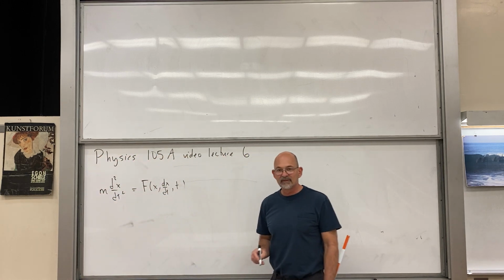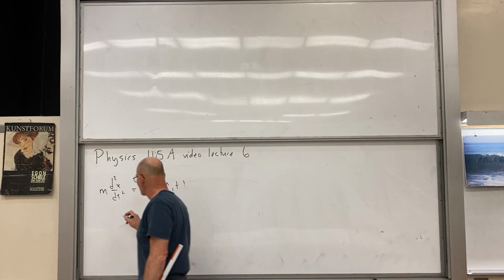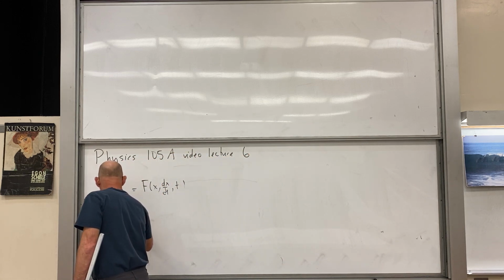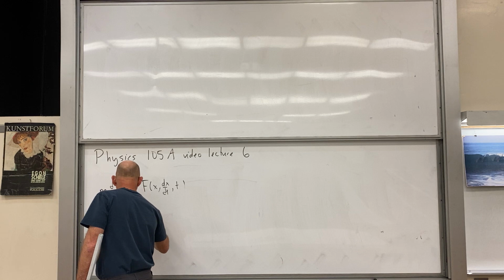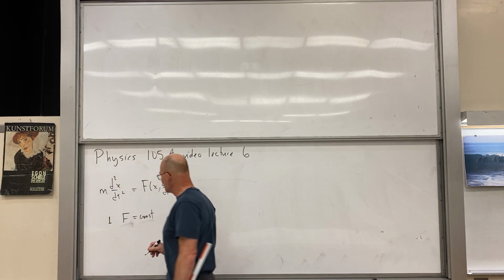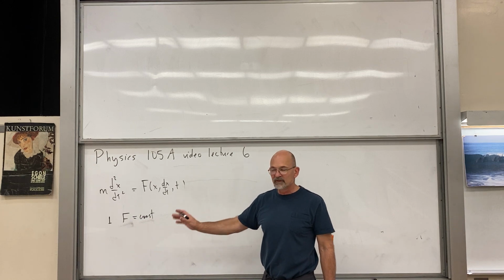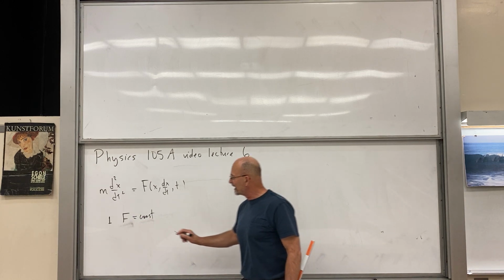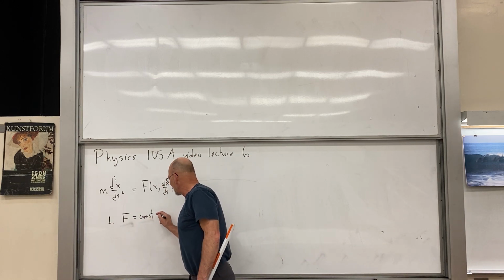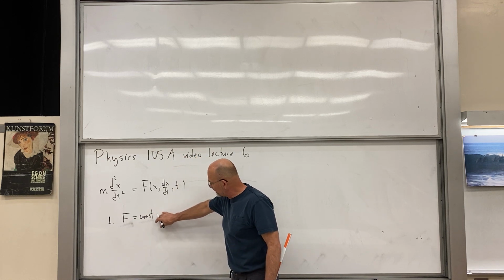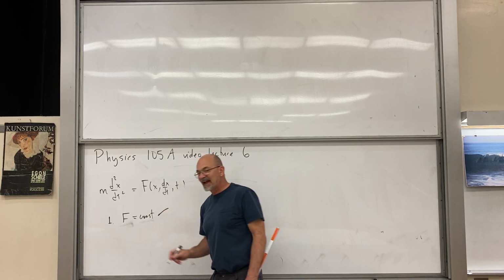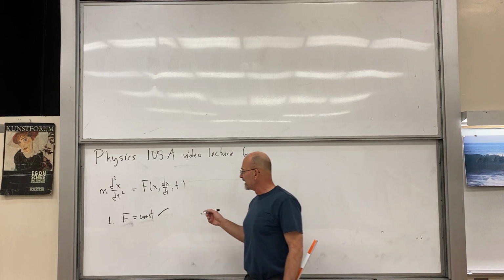And we've done a couple of examples already, so I'll just list them. We did F equals constant, and that's the really important one. Law of free fall is included there. And what we're seeing now is we're getting the results of this as our limiting case for the more complicated examples.